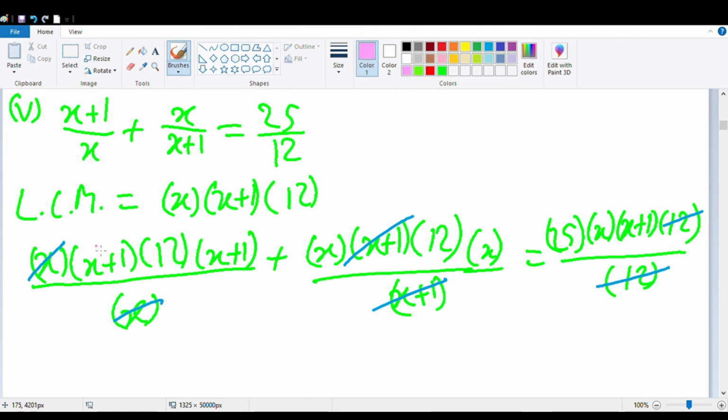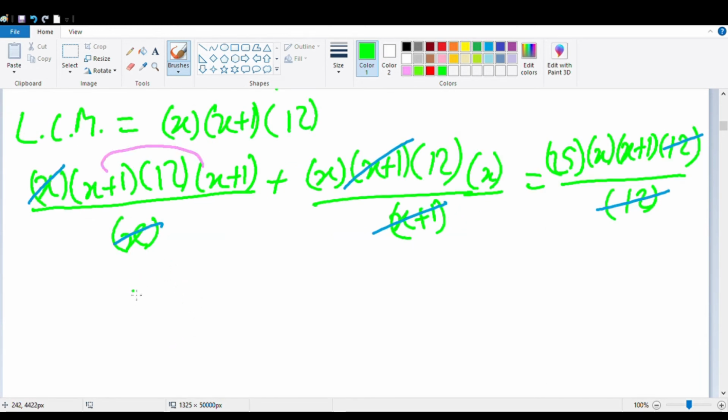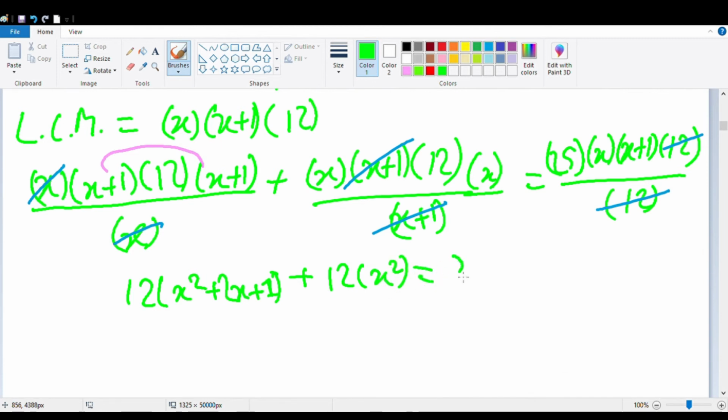Now, here, x plus 1 into x plus 1 is x plus 1 whole squared, or in other words, it would give us 12 into x squared plus 2x plus 1 plus 12 into x squared is equal to 25 into, here x into x is x squared and x into 1 is x, so x squared plus x.